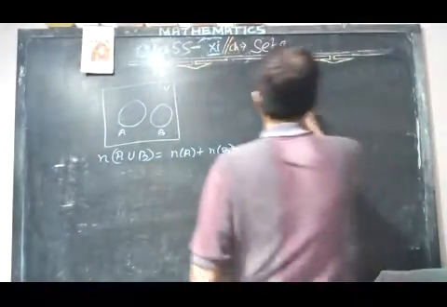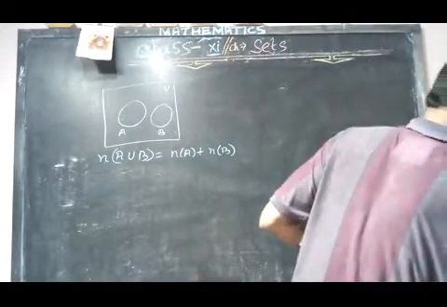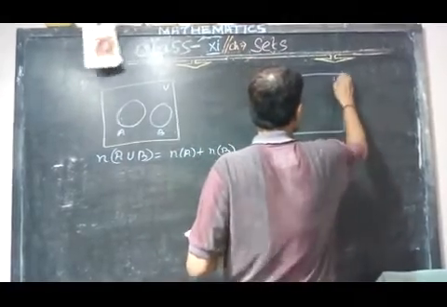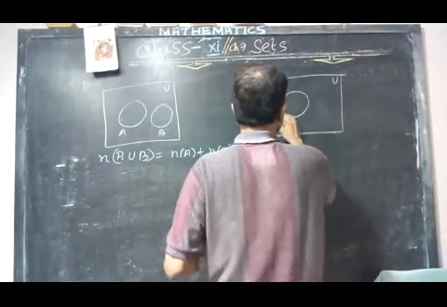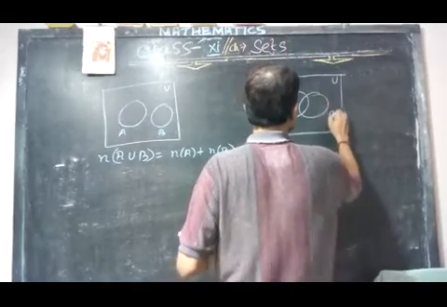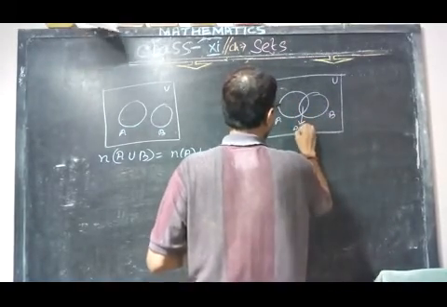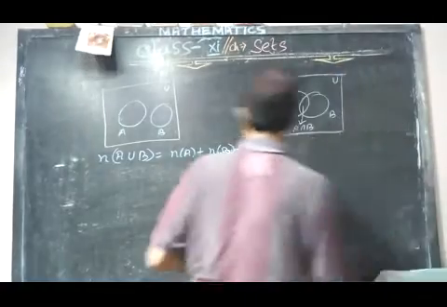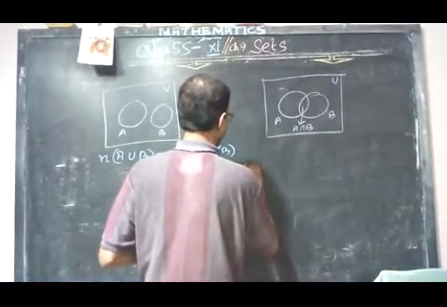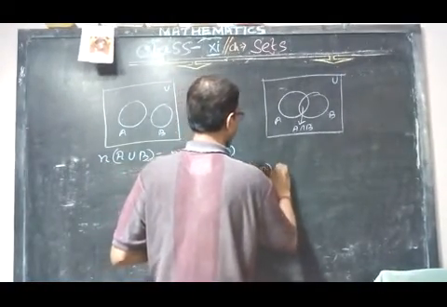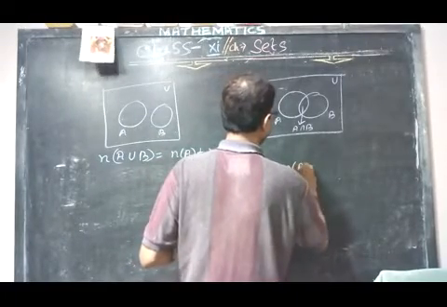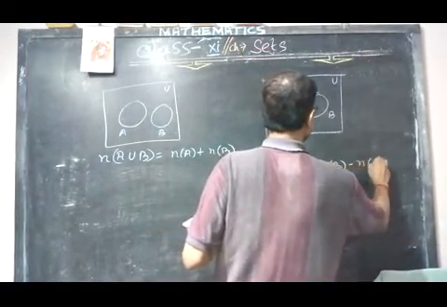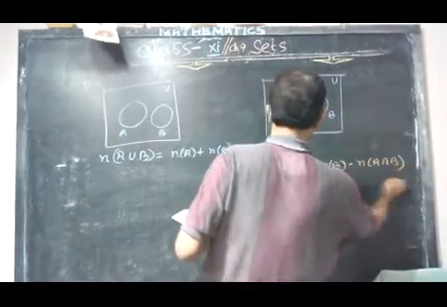If here in the universal set there are A set and B set, and this portion is A intersection B, then n(A union B) equals n(A) plus n(B) minus n(A intersection B).